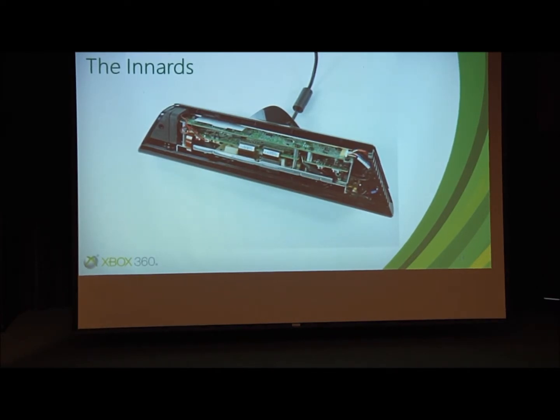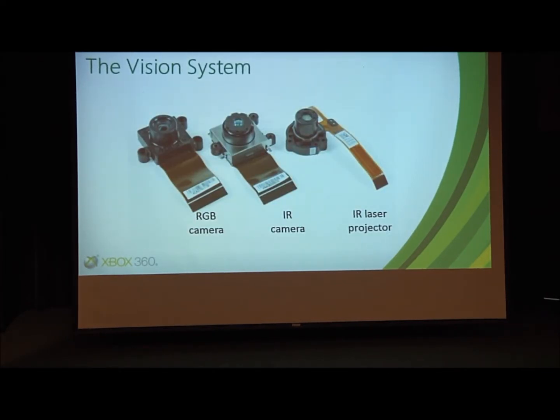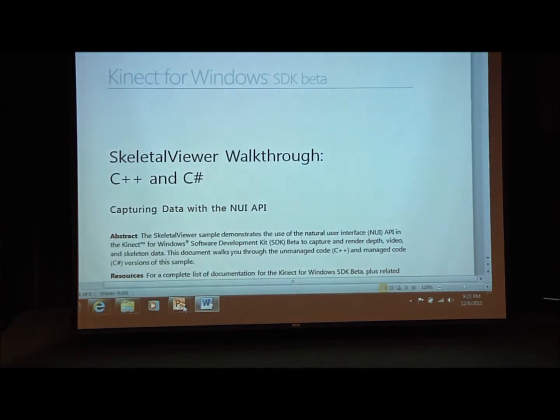Because such a big board wouldn't have fit, it was sliced and put in slices with connectors underneath. But basically, the hardware is what we looked at. It has the VGA camera, the infrared projector and the infrared receiver. These are what the actual components look like. And I'm showing you this just so you don't have to go dissect yours and see what's in there.